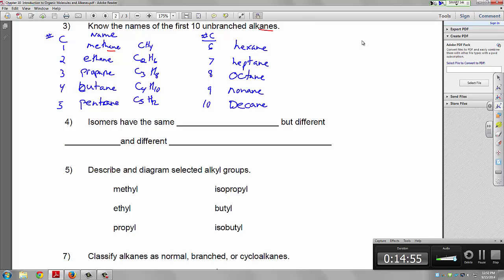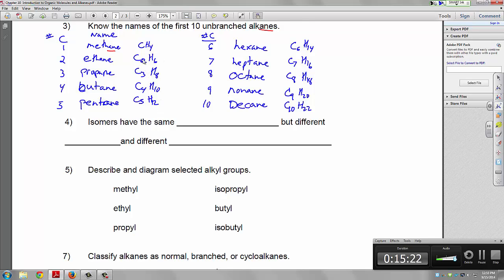Hexane, the chemical formula is C6H14, C7H16, C8H18, C9H20, and lastly decane, C10H22. If you notice the number of carbons, starting with 4 here, go up 2 at a time.